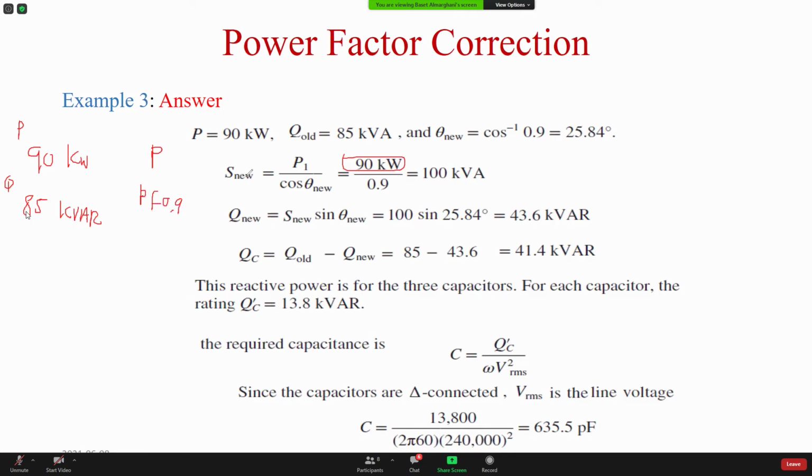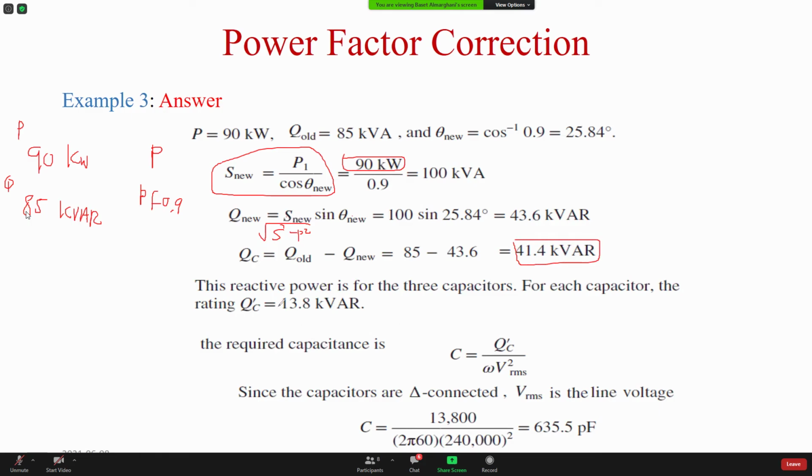So I can find S, and I can find the Q new. This is a way to find it. S sine the angle, or S squared minus P squared under the square root. Then you find QC. This is for the three phase.